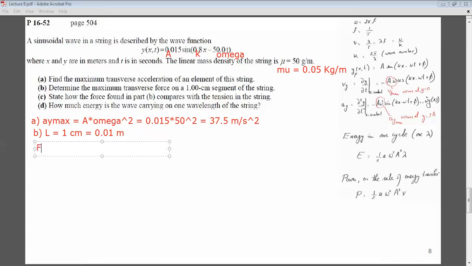The force F is equal to the mass times the acceleration. If they're asking for the maximum force, I have to take the maximum acceleration. But how much is M? M is an unknown, and a_y maximum I have, I just calculated it.